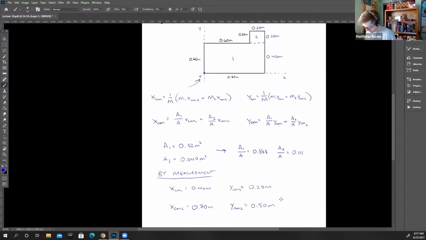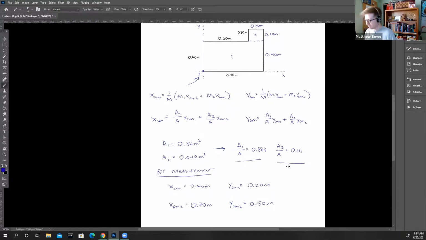Okay, so we have all of the pieces. We have these ratios, and we have the center of mass of each separate little piece. We just put these into the large equations up at the top.